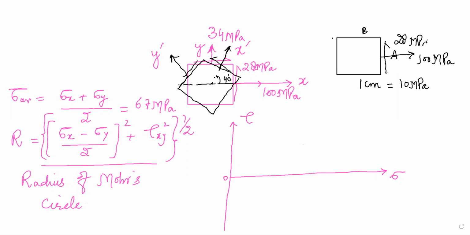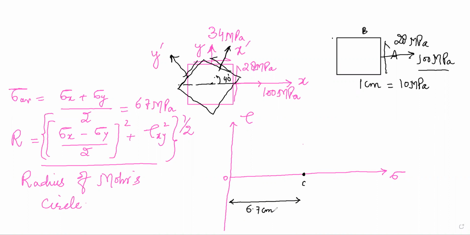First, let's talk about this normal stress on face A. Along x, first of all, we have to move a distance of how many centimeters to find the center? 6.7. Because sigma average is our center. So this is our center, and we have to move a distance of 6.7 centimeter.